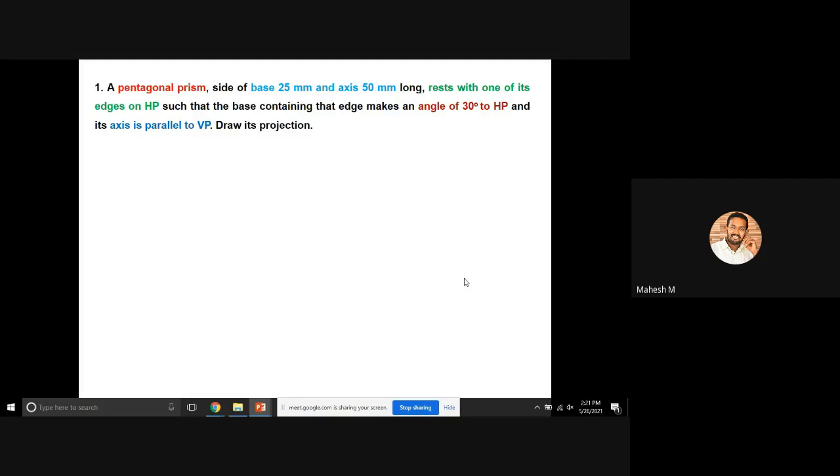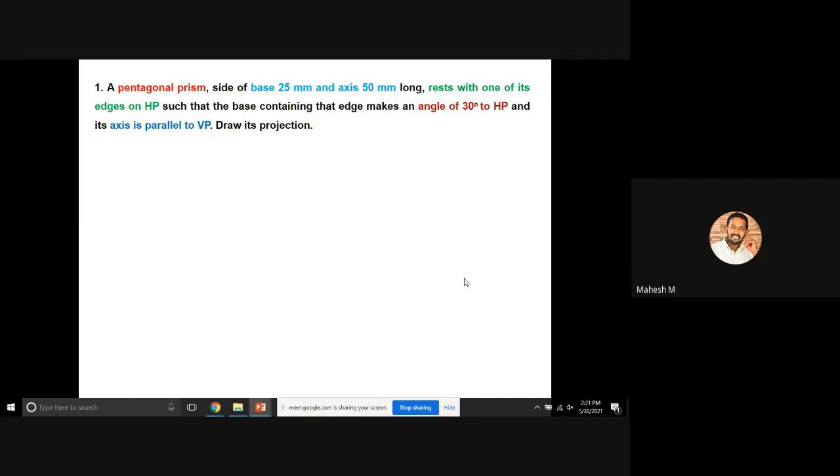In projection of solids, we'll be discussing different kinds of solids. Normally, we'll be discussing prisms and pyramids. Prism and pyramid have a slight difference. We will also be discussing cylinders, that is a different kind, and cones. A cone comes under the topic called pyramid.